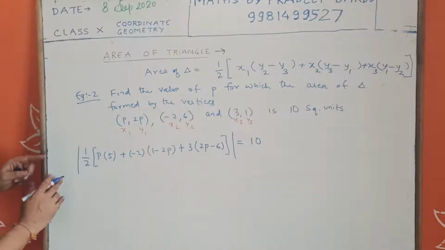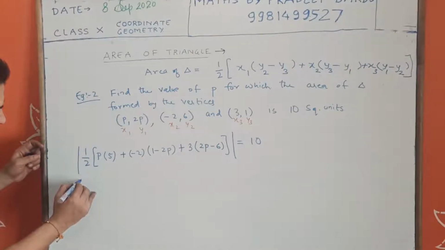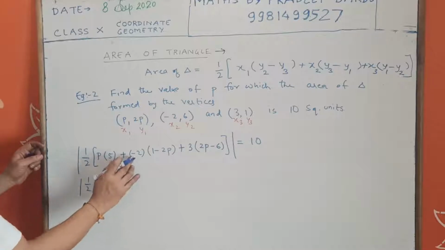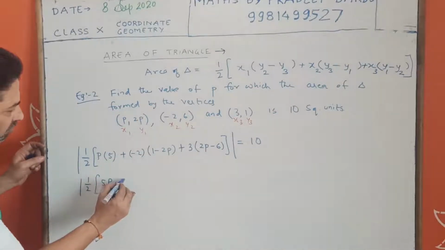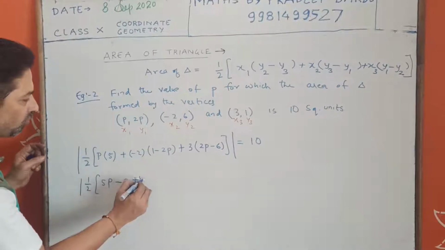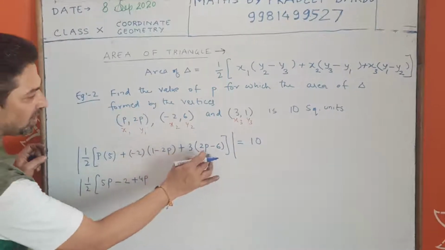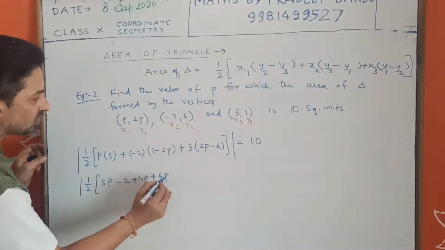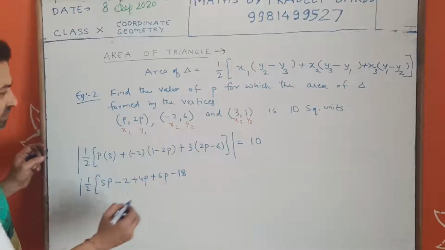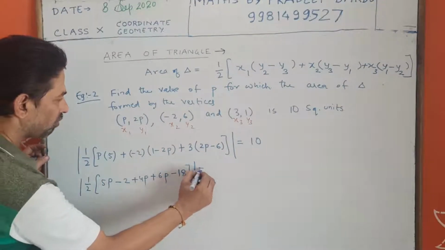Now let's simplify this. Half of 5p minus 2 into 1 minus 2, minus 2 into minus 2p is 4p, plus 3 into 2p minus 6 is 6p minus 18, equal to 10.